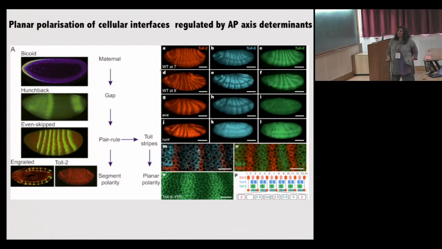What you'll also see is that these Tolls are expressed on the membranes of the cells of the germ band.